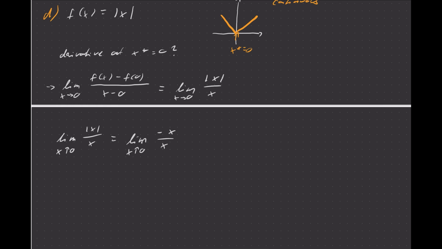And now the x cancels out. So we're left with minus 1 over 1, or just minus 1. And of course, that's then also the limit. And that is consistent with the graph here. So if we're in this area here, you can see that the function has a constant slope of minus 1. So you would expect that as the derivative, as long as you're not at the point 0.